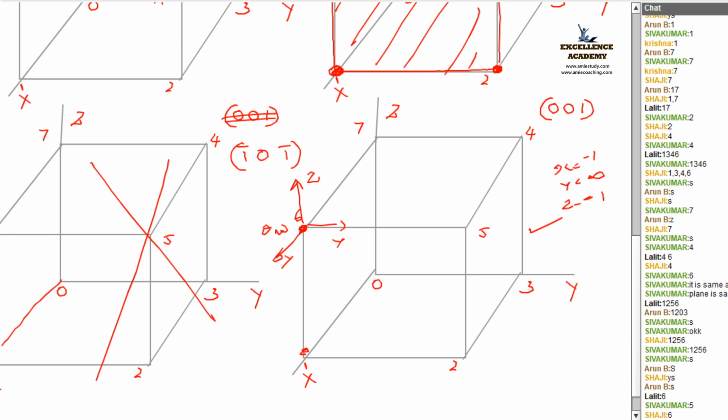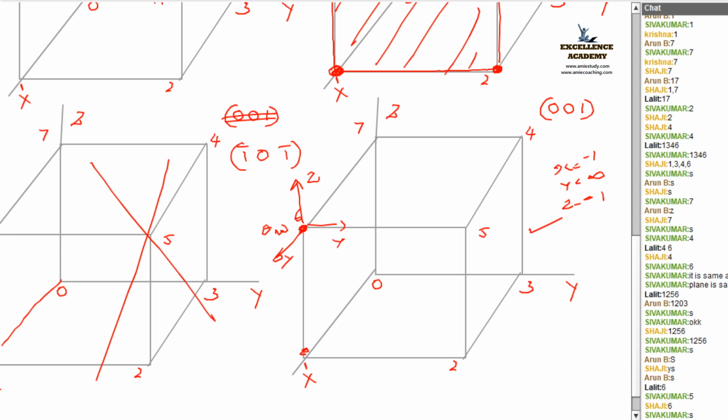Which plane do you have to name? X is equal to minus 1 means which point will you get?